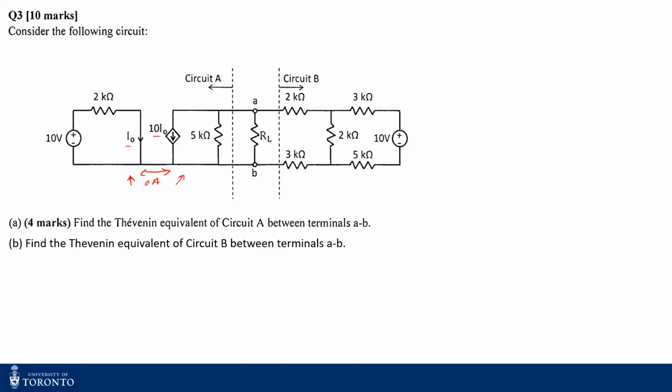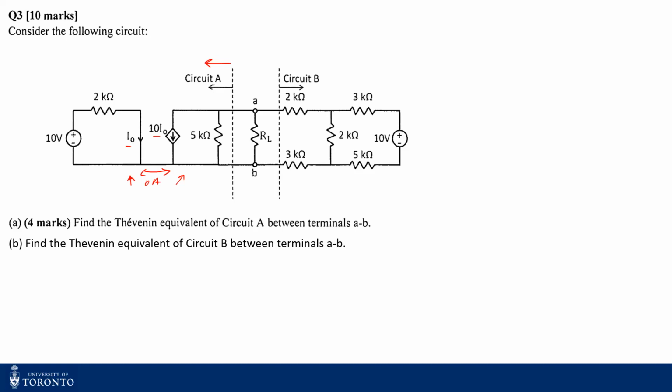Now you have to find out the Thevenin equivalent circuit between the terminals A and B. So the left-hand portion of the circuit, you have to find out the Thevenin equivalent for this circuit.